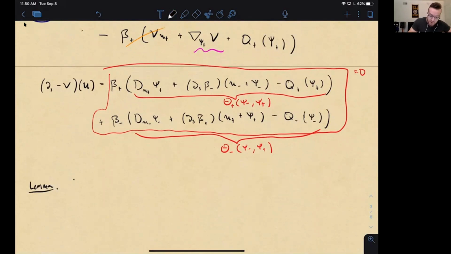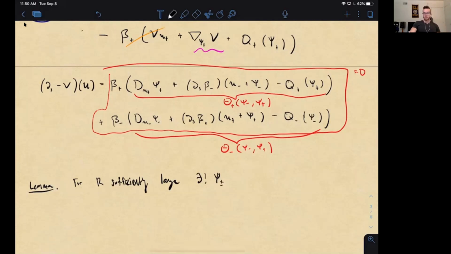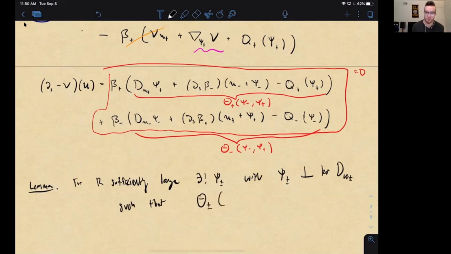So the lemma is: for R sufficiently big, there exists a unique pair, psi plus and minus, in their respective Banach spaces that are orthogonal to the kernel of these linearized operators, such that the theta functions are 0. And if the theta functions are 0, then the whole right side is 0 and we've glued.